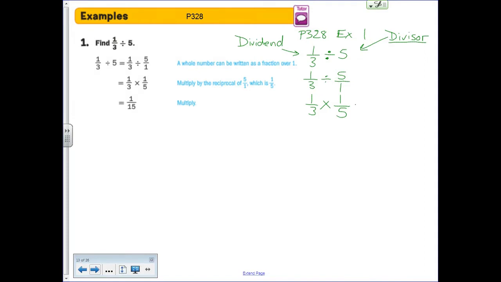Then we can multiply straight across. 1 times 1 is 1, and 3 times 5 is 15. Since that cannot be reduced, both numbers were positive, and it is not an improper fraction, 1/15 is our answer. So again, we kept the dividend, we changed the division to multiplication, and we flipped the divisor to its reciprocal. So KCF. KCF.